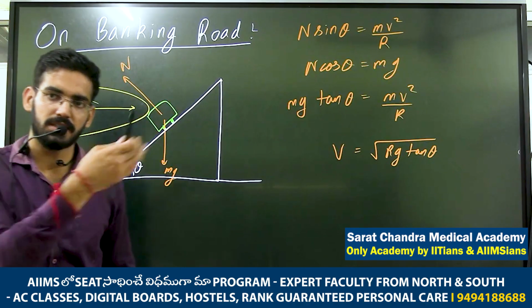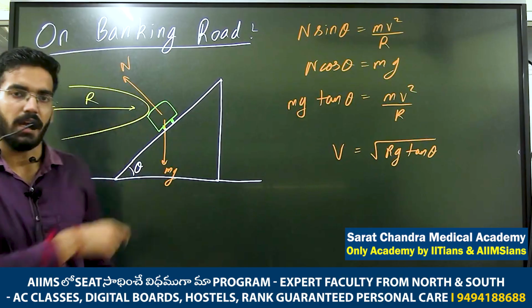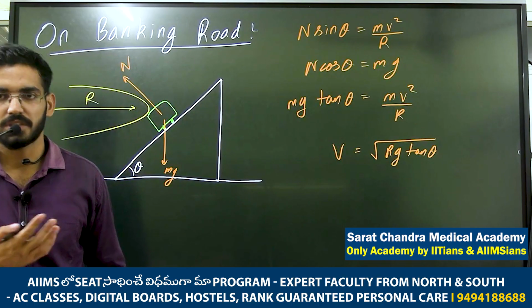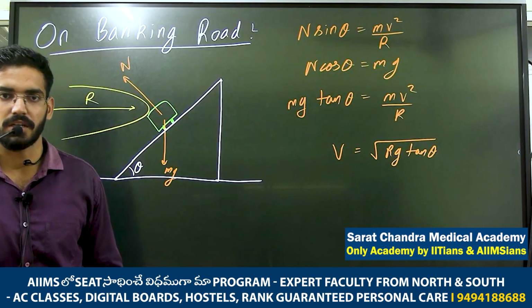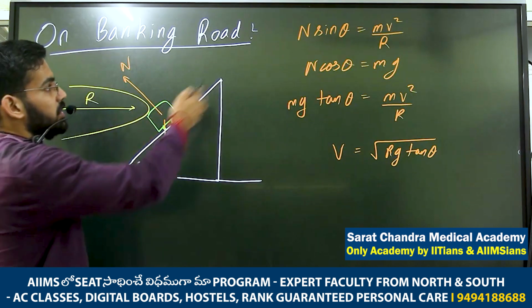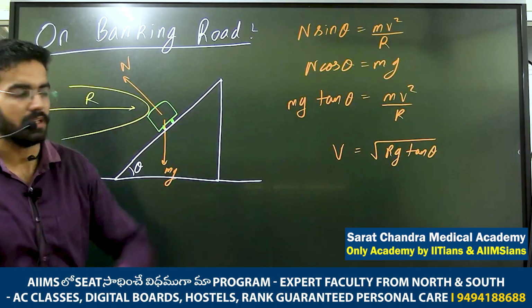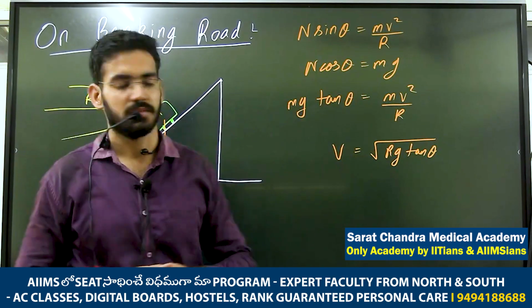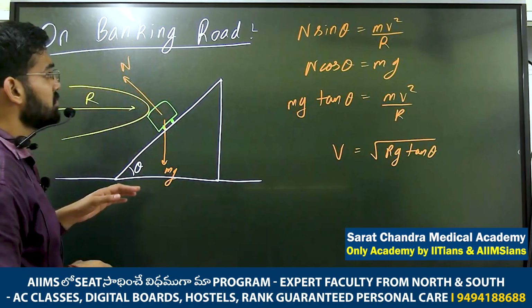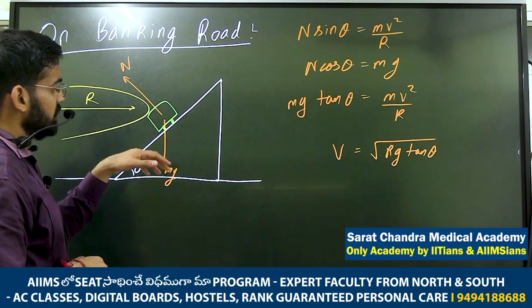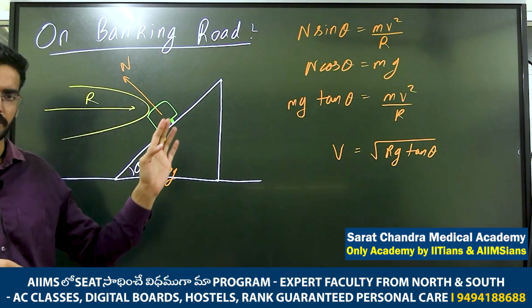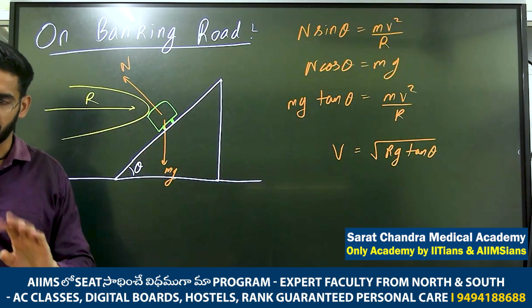And if you increase the speed, then your n sin theta is not enough, because theta is constant and normal is constant. Mg by cos theta, so normal is constant, and n cos theta is balancing there. So currently when he is rotating, mg by cos theta will come, generally mg cos theta. That's a different case.